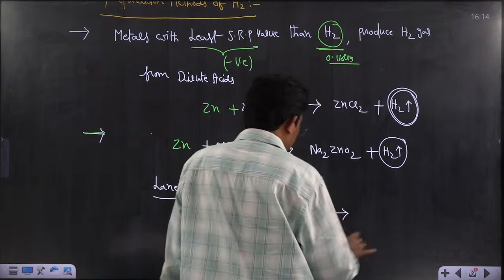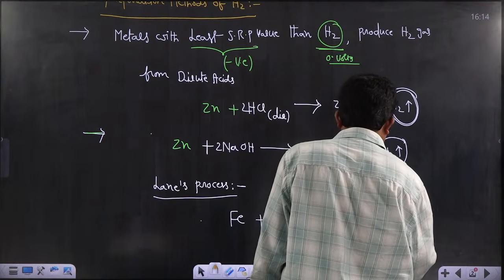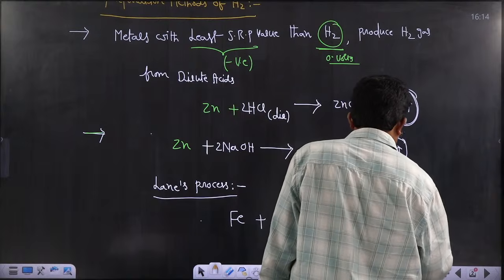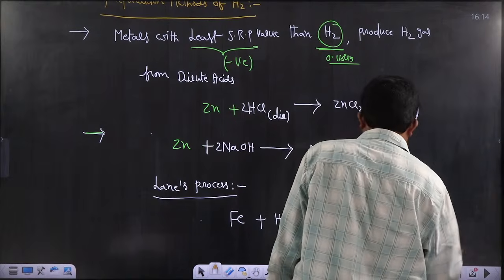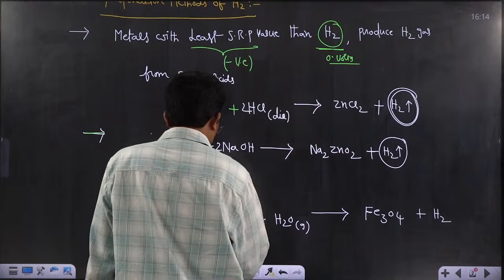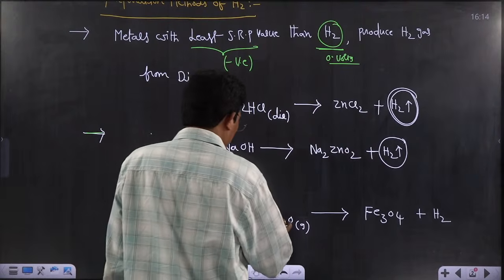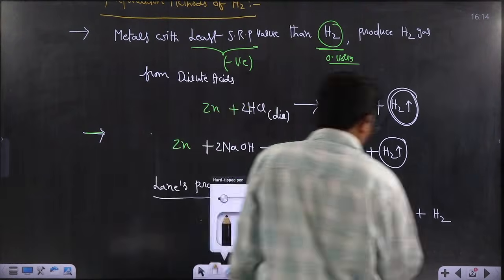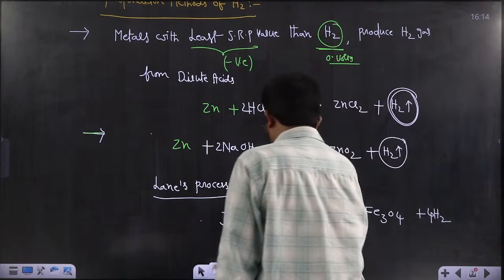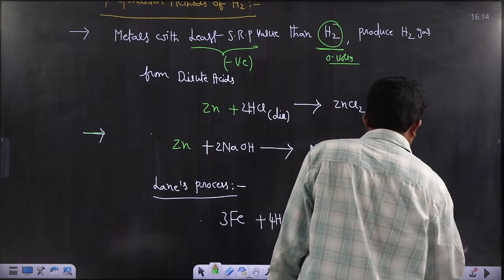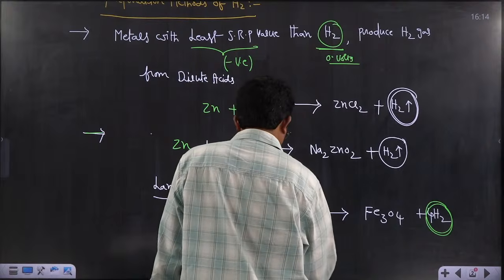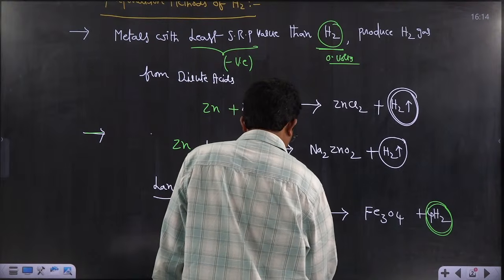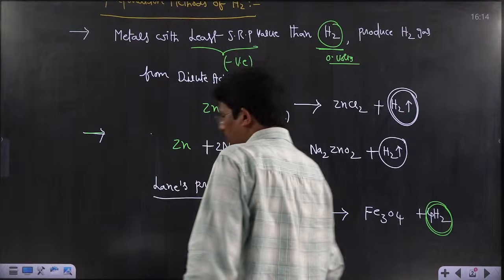We get the mixed oxide of iron, Fe3O4, along with hydrogen. 3 moles Fe, 4 moles water gives 4 moles hydrogen gas. This process is called the Lane process.